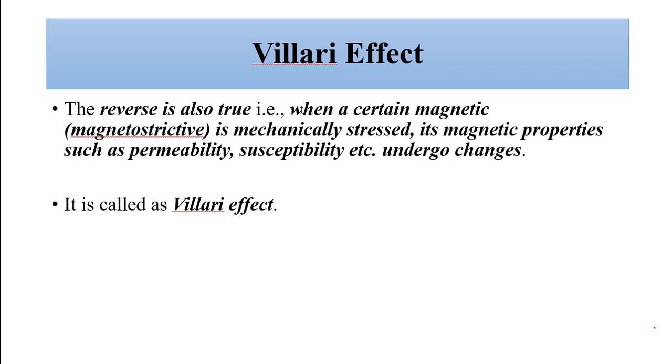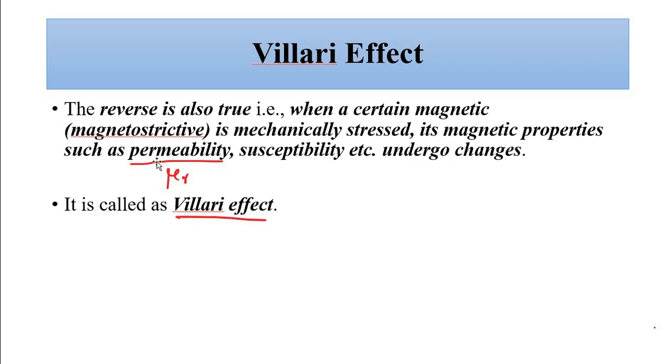That is, when a force or pressure or stress is applied on the magnetostrictive material, it responds with a change in its magnetic characteristics, such as permeability, susceptibility, etc. So here the cause is application of force or pressure or stress. The effect is change in permeability, susceptibility, or other magnetic characteristics. We are particularly interested in this relative permeability.